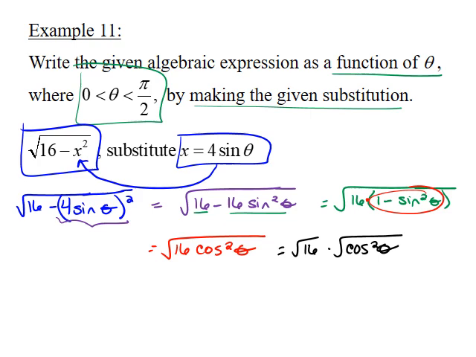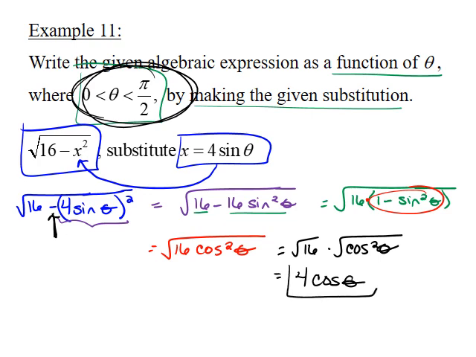I can take the square root of these individually now because it's multiplication and not addition or subtraction. The square root of 16 is 4. The square root of cosine squared is cosine of theta. Because theta is in between 0 and pi over 2, I will have the positive square root. My algebraic expression is now a function of theta because theta is involved.